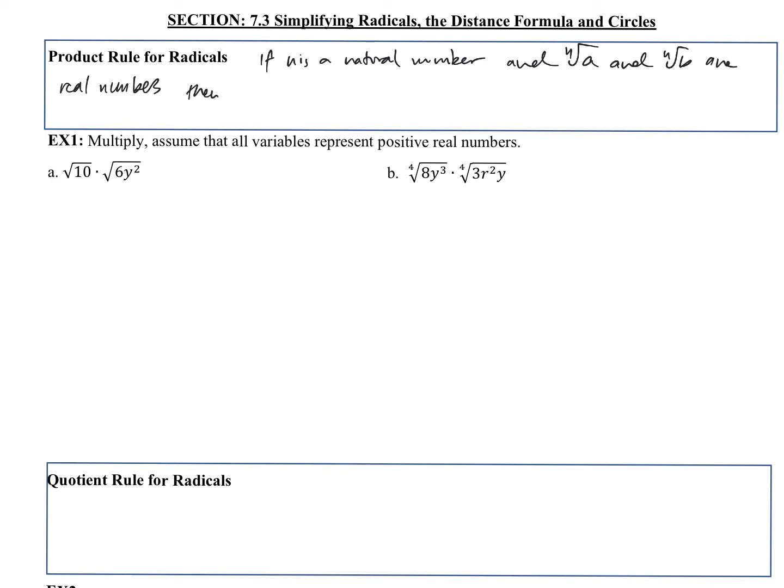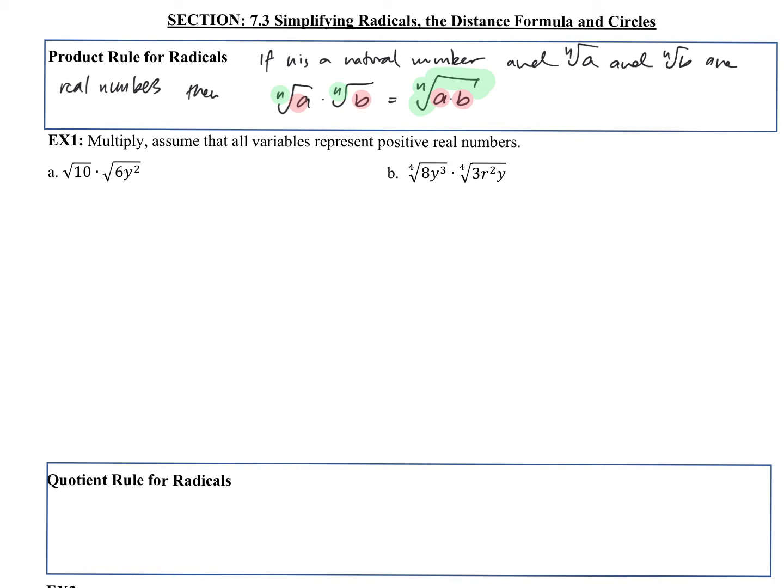Then the nth root of a times the nth root of b is going to equal the nth root of a times b. Now, careful. This is when they both have the same index. For example, if they're both square roots or both cube roots, you can combine them under the same radical and just multiply the two inner ones together.